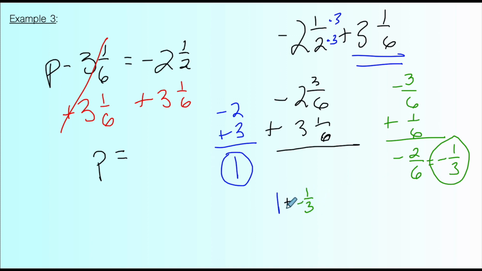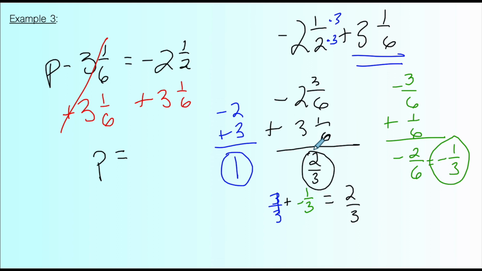And 1, which can be written as a fraction, 3/3, since this is a fraction in thirds. So 3/3 plus negative 1/3 is equal to 2/3. So my final answer here is actually positive 2/3.